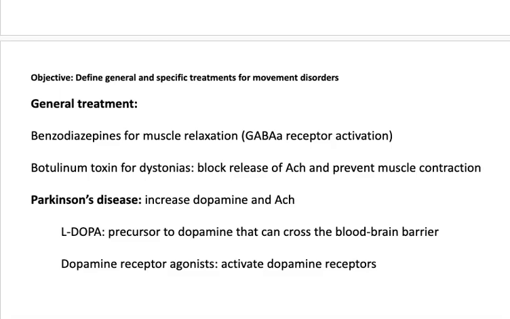Another way to do it is to use dopamine receptor agonists. So again, opposite from those neuroleptics used to treat schizophrenia, where those were dopamine receptor antagonists. Now you need more dopamine activity to get the increased movement, and so you're going to activate those dopamine receptors.